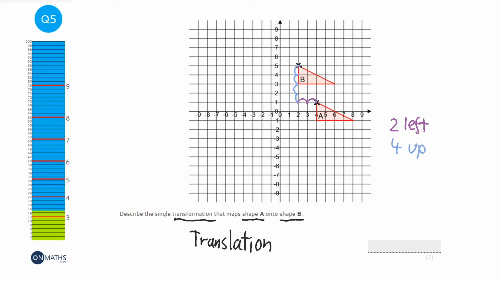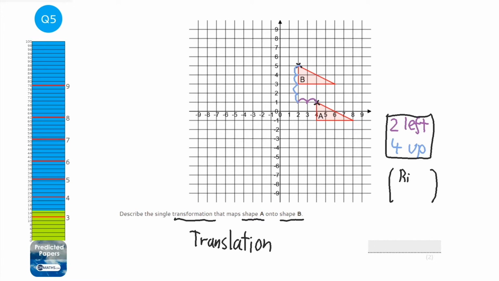Now the way of showing translations is by using vectors, and it sounds fancy, but it's just putting this information here between a bracket. The number at the top of the bracket is how far right it's gone, and the number at the bottom is how far up it's gone. Well, let's do the number at the bottom first.